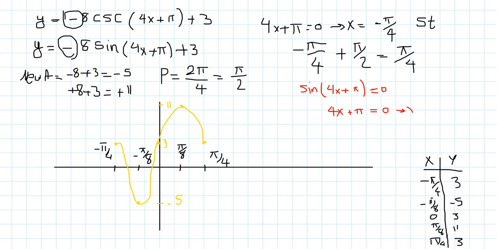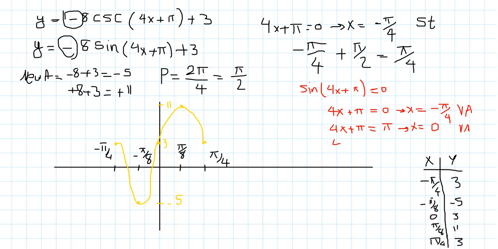One time it is equal to 0, then x equals minus pi over 4. It is my first vertical asymptote. One time 4x plus pi equals pi, then x is equal to 0. It is the next vertical asymptote.